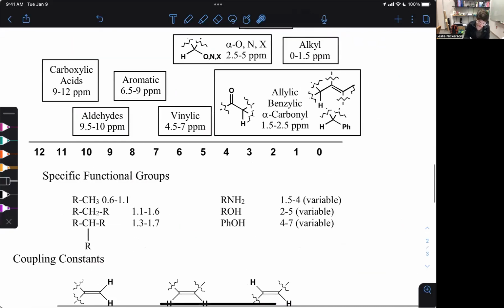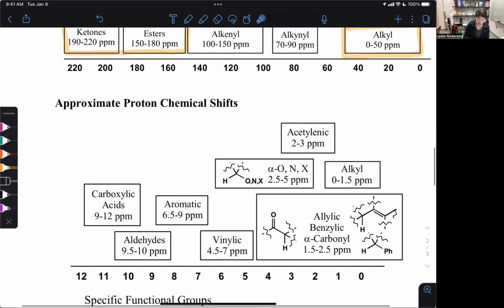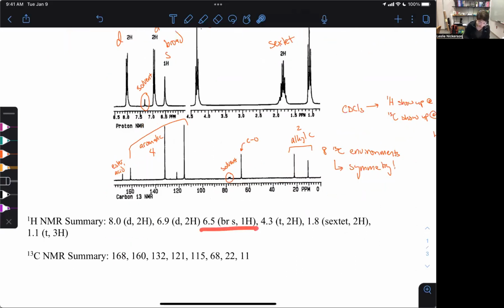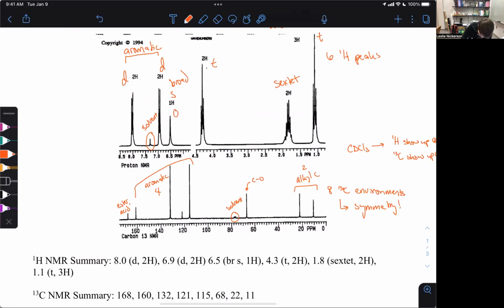So generally, if you're looking at OH peaks, they're variable because you have such a big range, but you also want to think about the fact that you're going to get a broader peak from those NH and OH bonds than anything else. And if you look at this, the range is 4 to 7, and the one that we have is at 6.5. So that's probably an OH peak. But importantly, this goes to about 8.5.